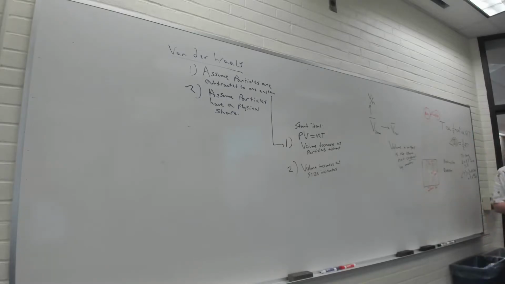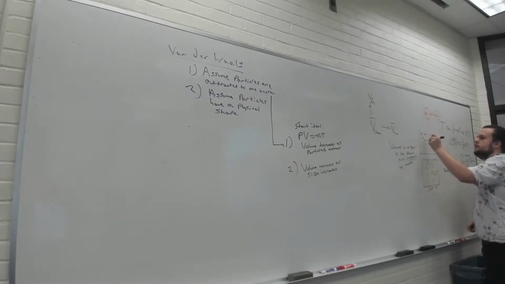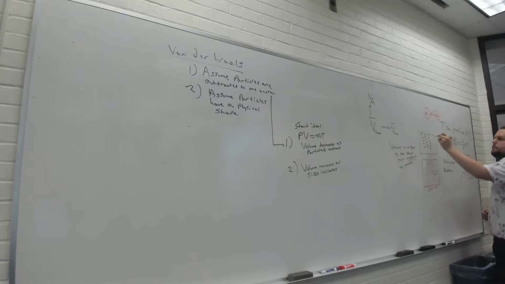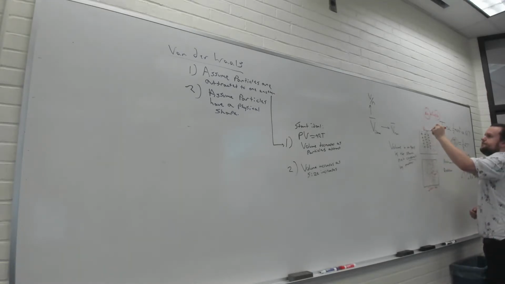Right, but when we make our atoms have a physical size, right, the amount of free space decreases because some of that volume is now taken up by the particles, right? Right, this is a real gas.